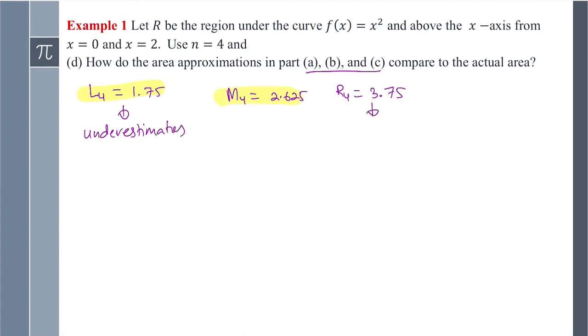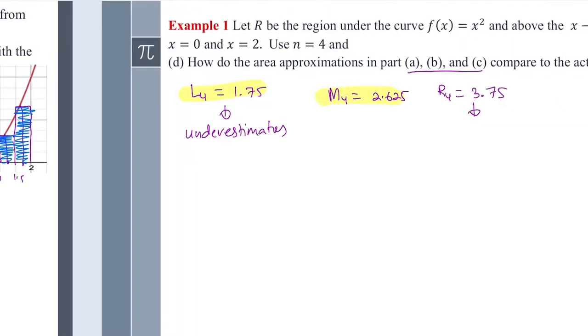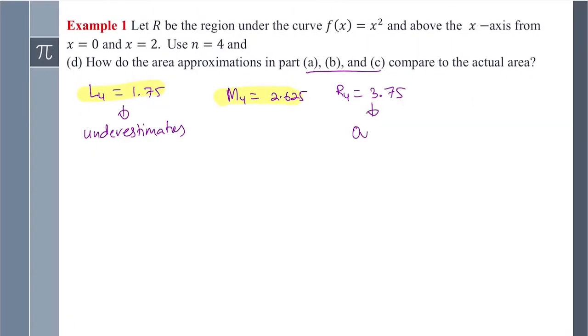And then if we look at the right sum, I think it overestimates because we have so much area gain here. So if you look here, this is the area that we are gaining. So we're not losing any area. So this overestimates. And this one is not accurate, but more close, I would say more close to the true area.